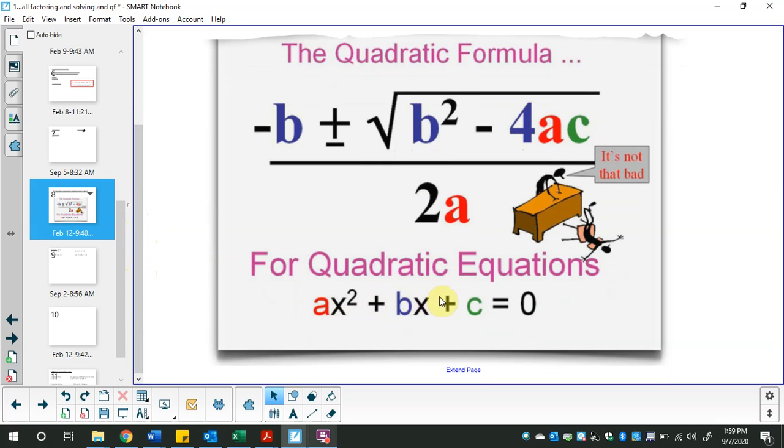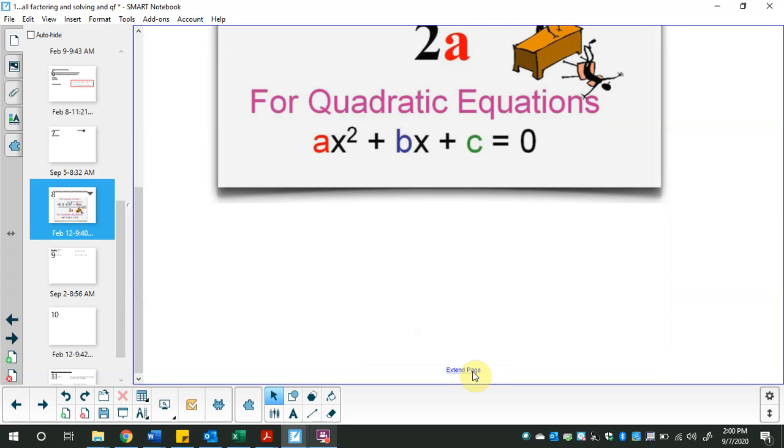And quadratic equations look like this. They have to be in order so that the squared term is first. So you have a digit in front of, or invisible, in front of the x squared. You have a digit coming next in front of the x, with or without a sign, and you have a digit at the back, or a constant, and an equal 0.